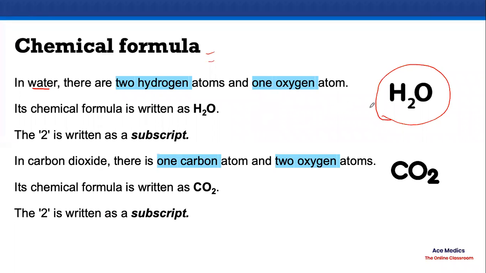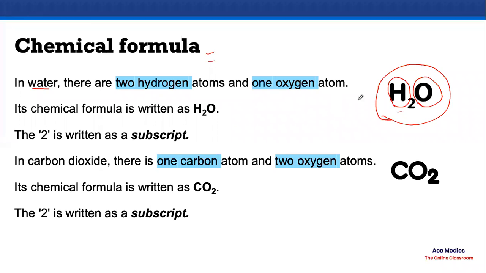And from this chemical formula, you can see that H2O is made up of hydrogen and oxygen. But what this chemical formula is also telling you is how many atoms of hydrogen there are and how many atoms of oxygen there are.